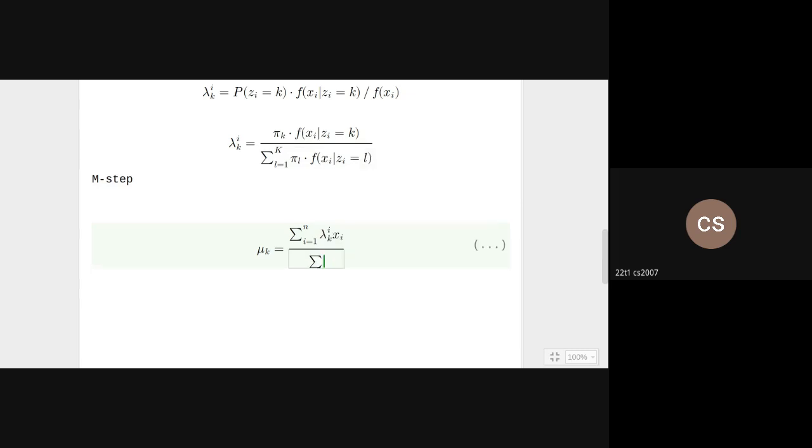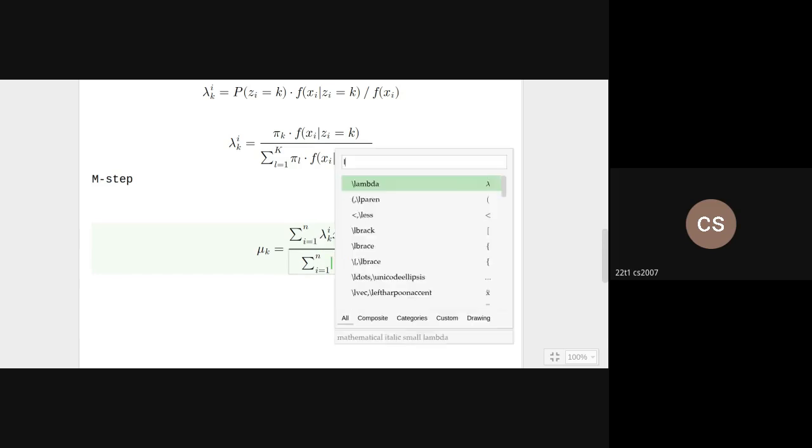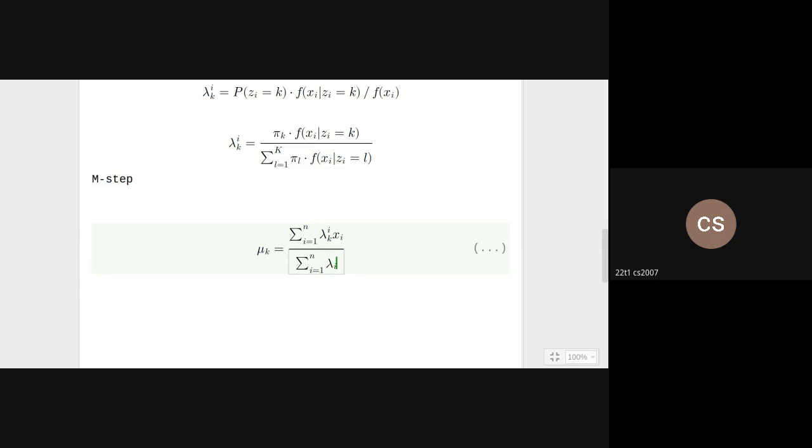Someone tell me what the weight is. Lambda. So what is the lambda in terms of words? The weight is the probability that i belongs to cluster k, right? That is what the weight is. So the weighted mean of all the points, where the weight is the probability that i belongs to cluster k.